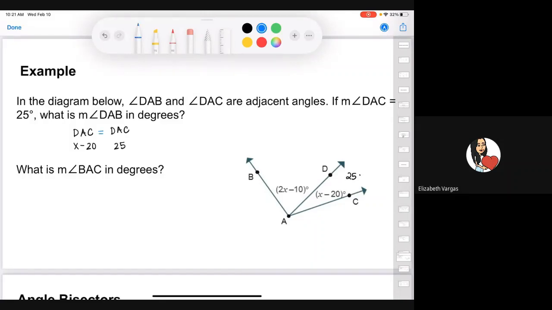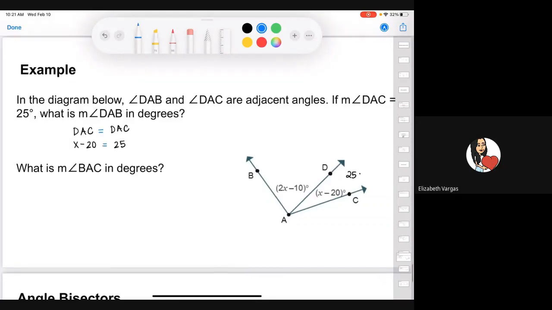So we can find the missing value x by isolating x. That would give us 20. So x is equal to 45.